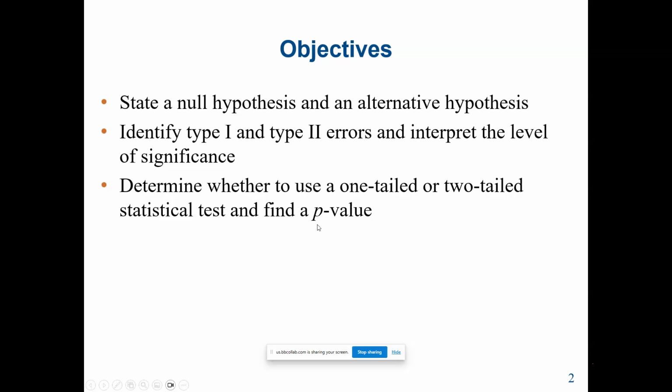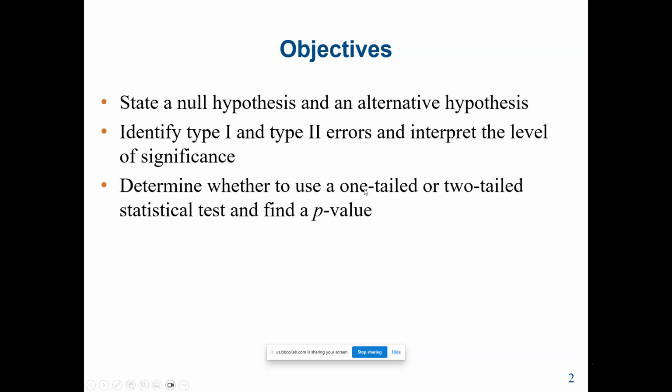If we are using the p-value, then we normally will say that if the p-value is less than the level of significance, by default, most of the time we set it to 0.05. If it's greater than 0.05, then we have to accept H0, the null hypothesis.